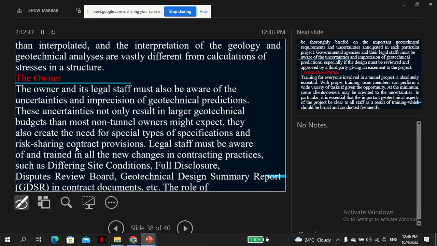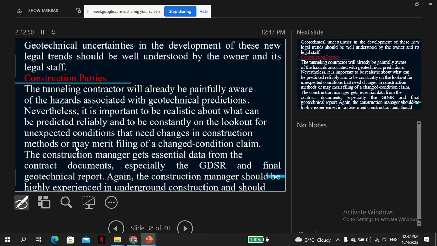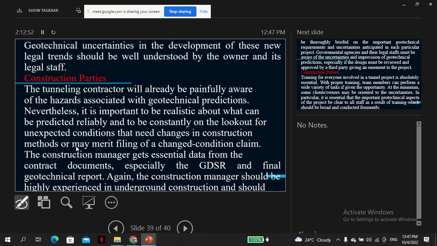The role of geotechnical uncertainties in the development of these legal trends should be well understood by the owner and its legal staff. Construction parties: the tunneling contractor will already be painfully aware of the hazards associated with geotechnical predictions.